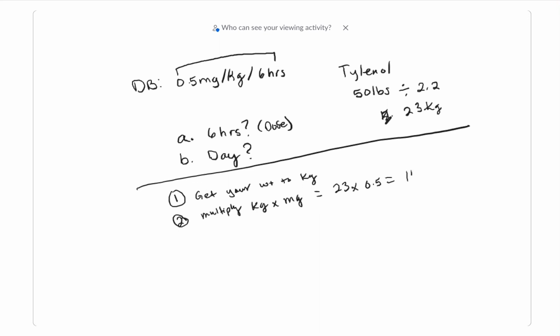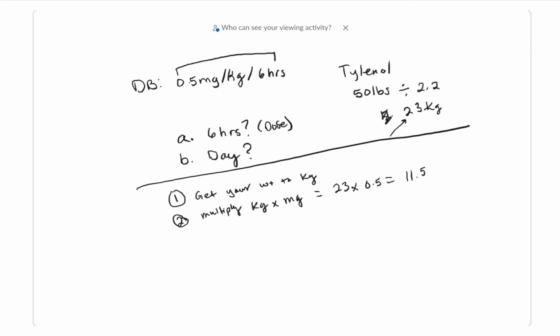Is that correct? That's what my calculator says. Next time when you do these, just keep this in mind. The kilograms don't round. Just keep it to whatever it is. The 11.5 is a little bit high, but you'll still practice the same idea. All right.